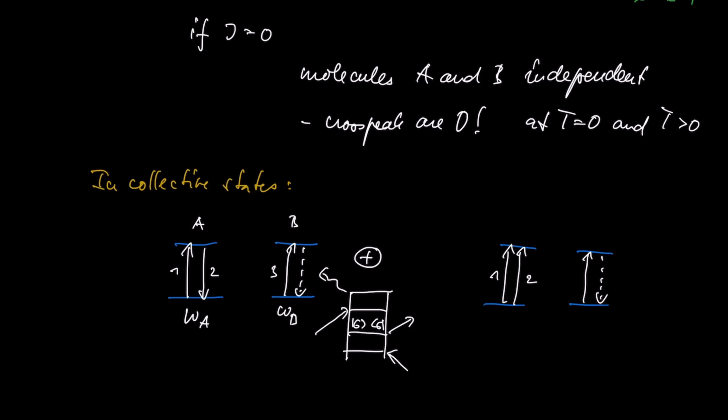Now we are going to have exactly the same emission as in the first case, and because the other molecule, the A molecule, doesn't emit, it doesn't change the signal in any way. So this type of signal has to be exactly the same, because it also only comes from the molecule B, as in the first case.